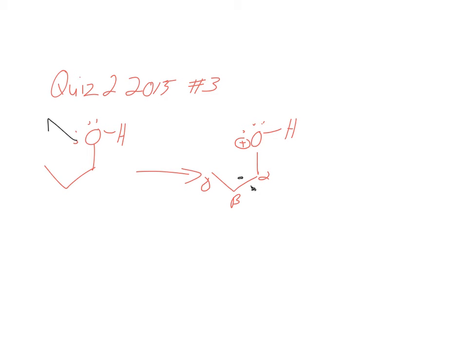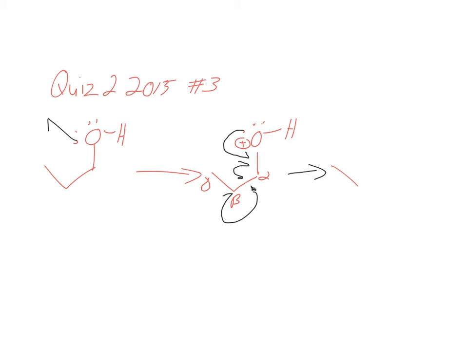So let's see. I'm going to break this and have the electron, right? The unpaired electron, they're going to form a new pi bond between the oxygen and the alpha carbon. And this other electron is going to end up on the beta carbon. So we're breaking the bond between the alpha and the beta carbon.